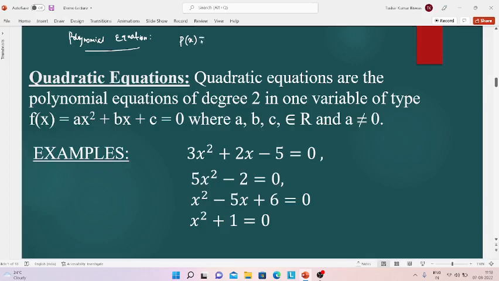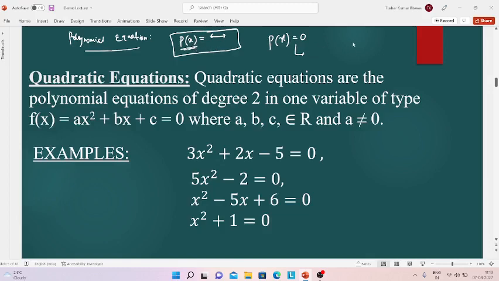If we equate this polynomial expression with another polynomial expression, then this is called a polynomial equation. Or you can say, if we equate this polynomial expression with 0, that is also a polynomial equation of p(x), right?